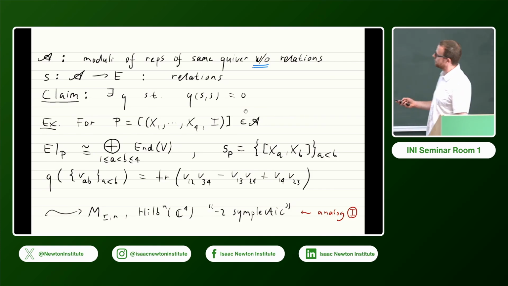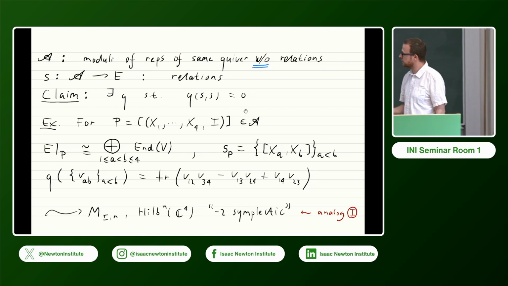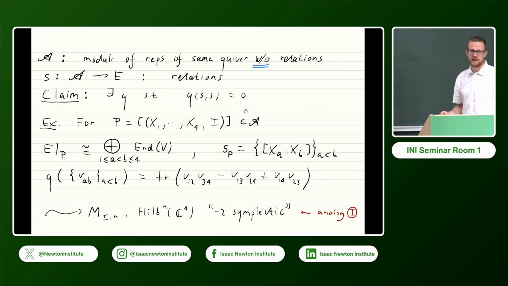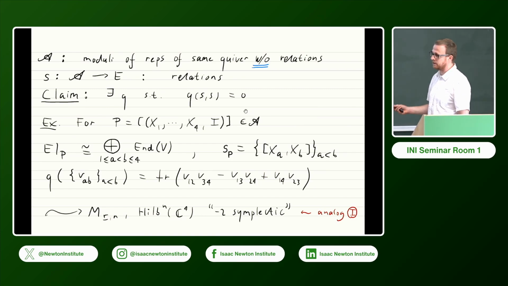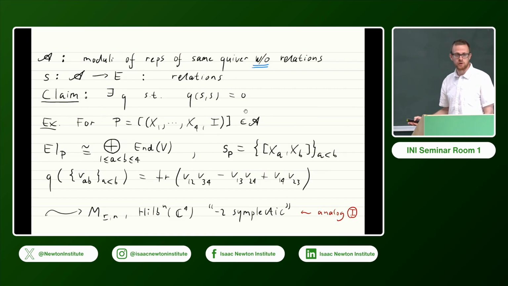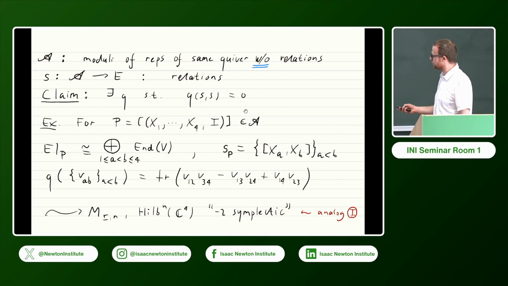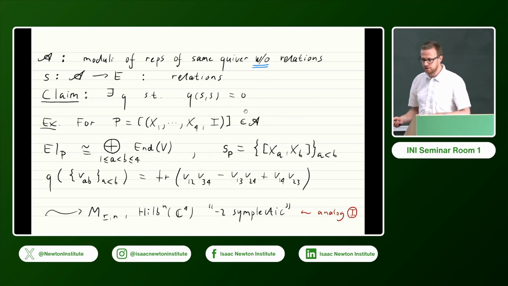And the claim is you can write down something similar, but more complicated, in the origami setting. In some sense, this should be viewed as the analog of property 1. These moduli spaces are very singular, but their virtual tangent bundle and virtual cotangent bundle are isomorphic. In that sense, they are also symplectic. So this is property 1. Are there any questions?